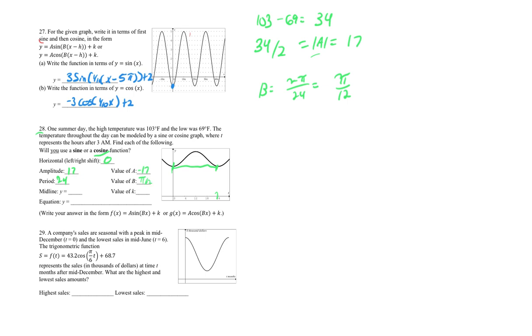For the midline, you can take the minimum and add the amplitude, or take the maximum and subtract the amplitude. I'll do 69 plus 17, and that should come out to 86. So our K value is also 86.